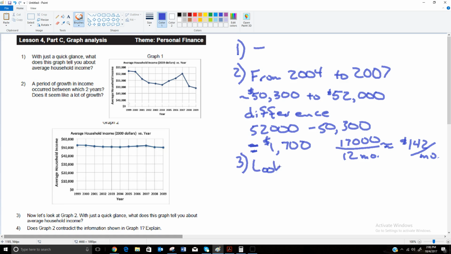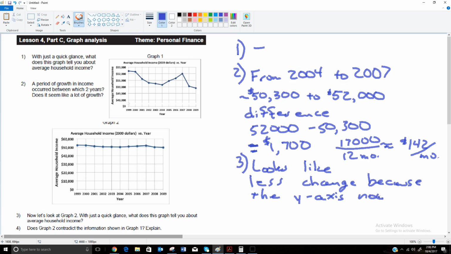It looks like less change because the y-axis is not split, from 0 to 48,000. So hopefully that will help you remember when you go back to look at those notes when you're doing your homework. This makes it look like a lot less change because it's not a split graph.